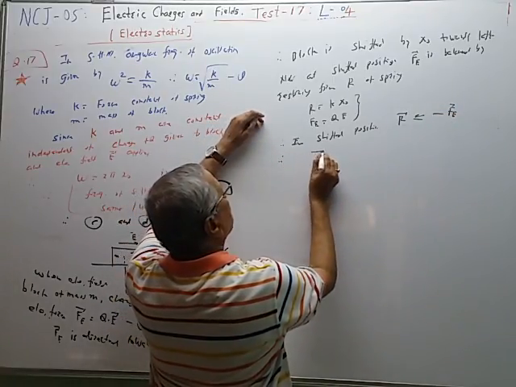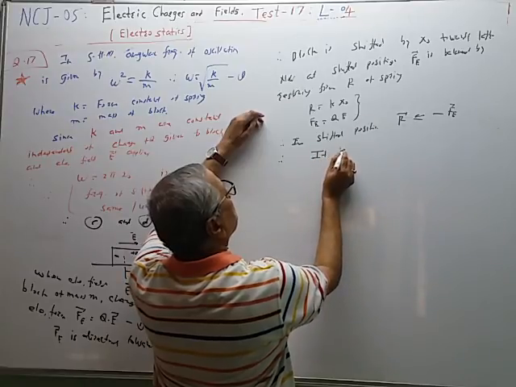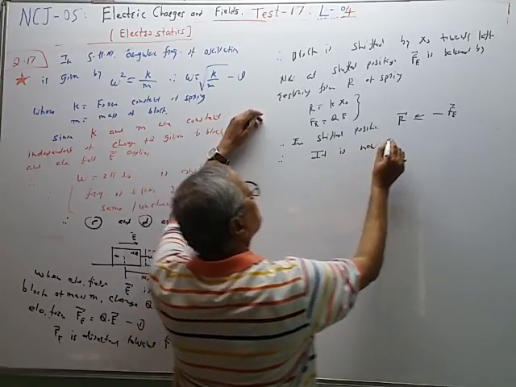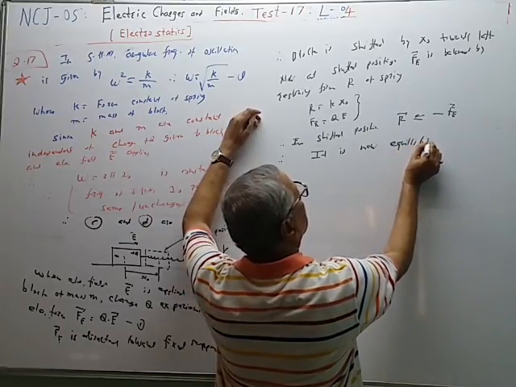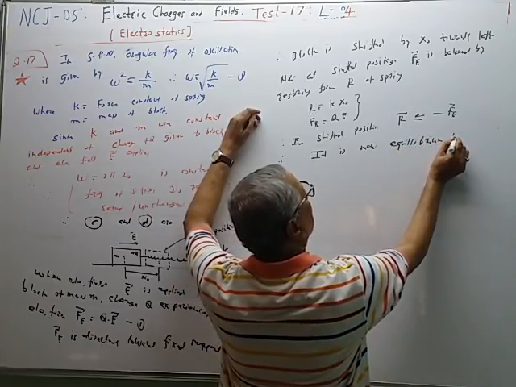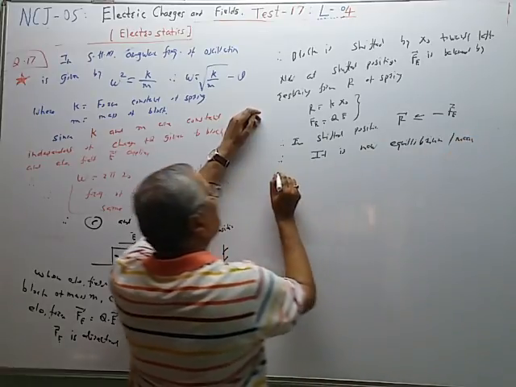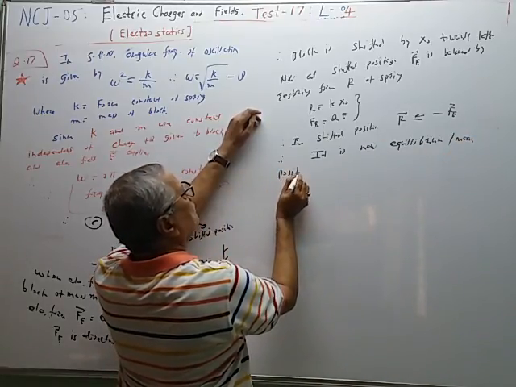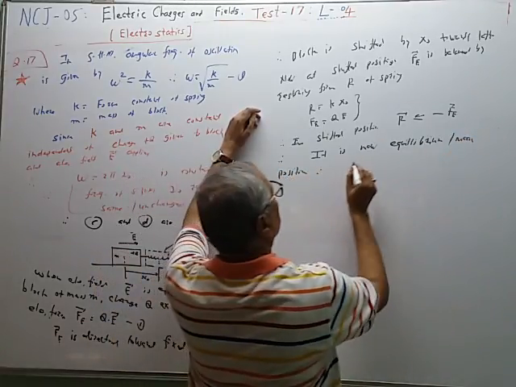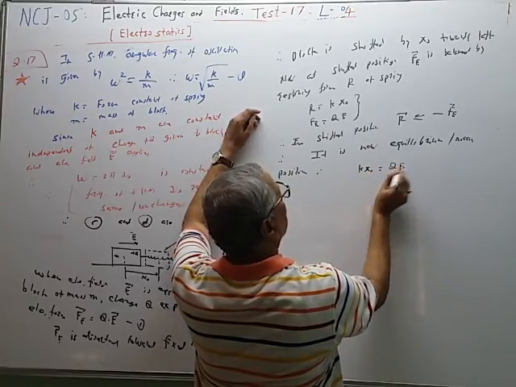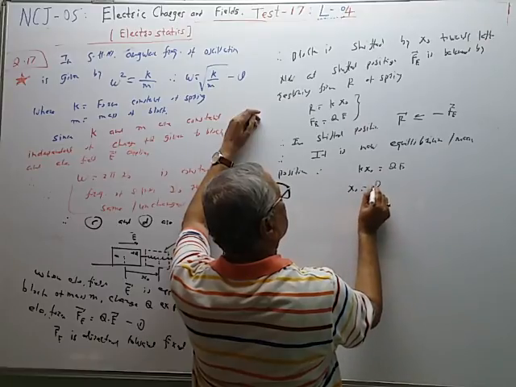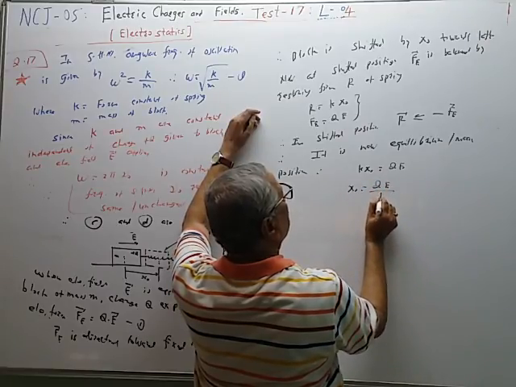Therefore, it is new equilibrium or mean position. Therefore, K times x0 is equal to Q into E. Therefore, x0 is equal to Q into E upon K.